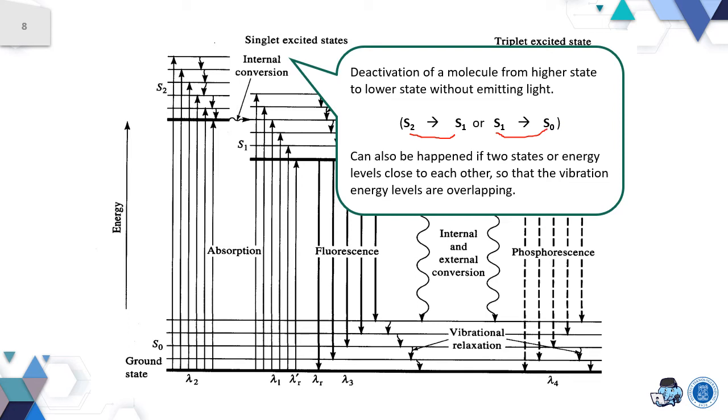It can also happen if two vibrational energy levels are close to each other, so they are overlapping. For example, here, the lowest vibrational level of S2 is overlapping with a vibrational level in S1, so it can go through internal conversion from S2 to S1 here.